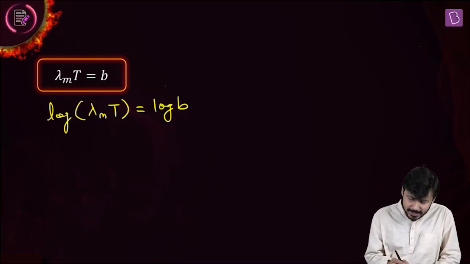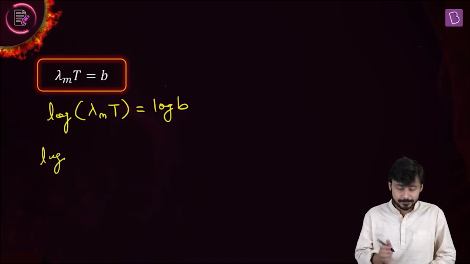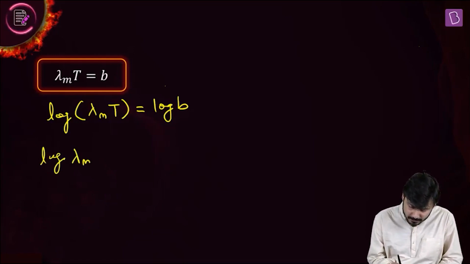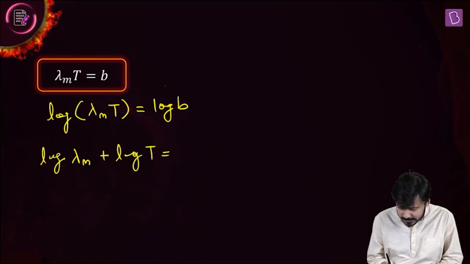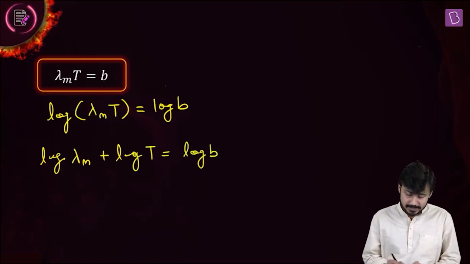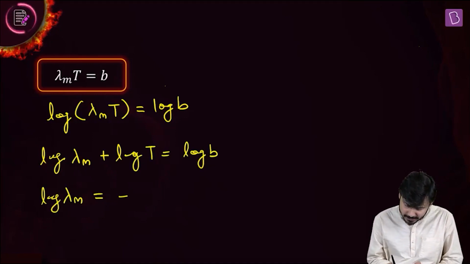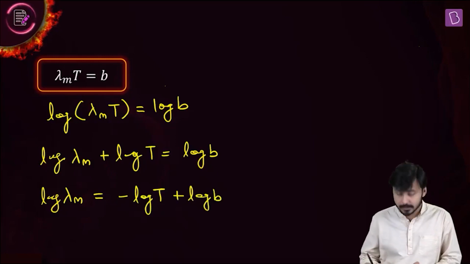So if we separate out lambda m and T, it will be log of lambda m plus log of T is equal to log of B. We can write the equation as log of lambda m is equal to minus log of T plus log of B, right?